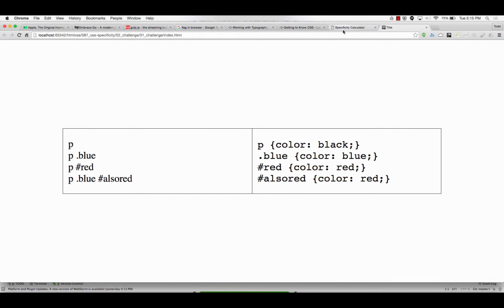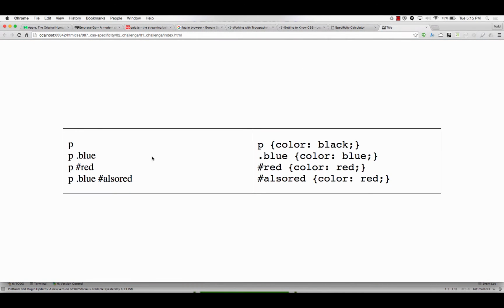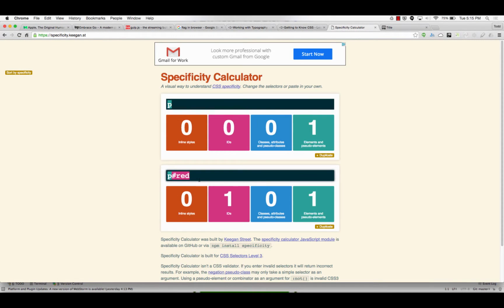And then we have P pound red. And then we have P with all that. So we got blue applied and also red. That doesn't really help us much to think about it that way.